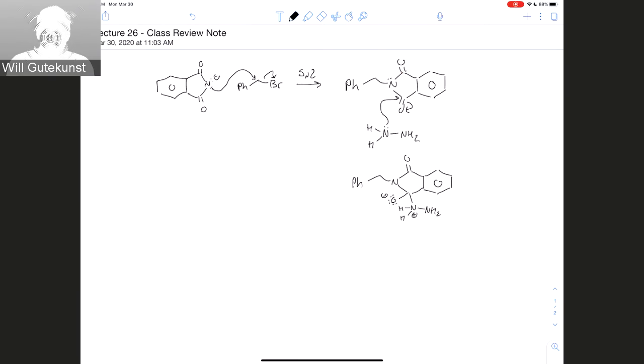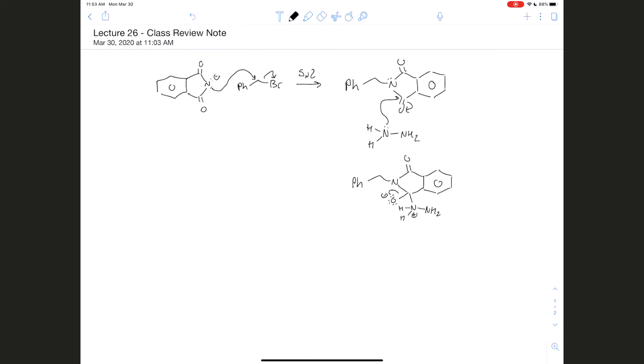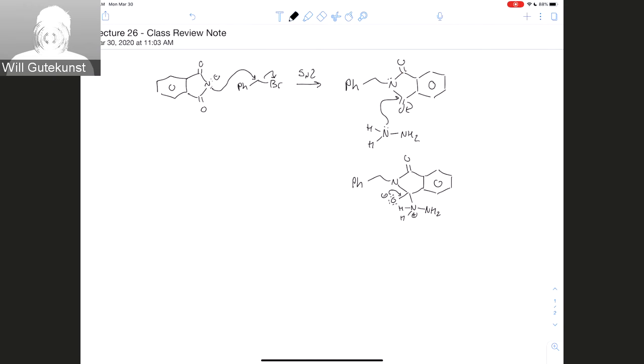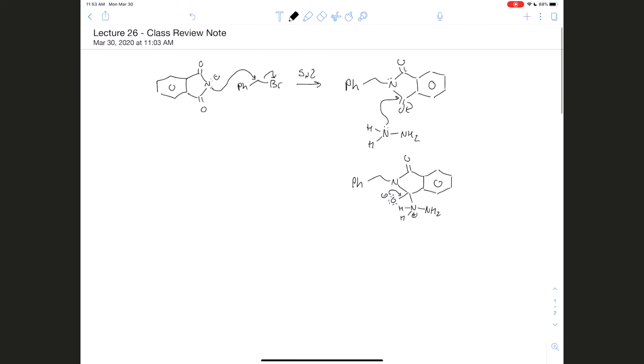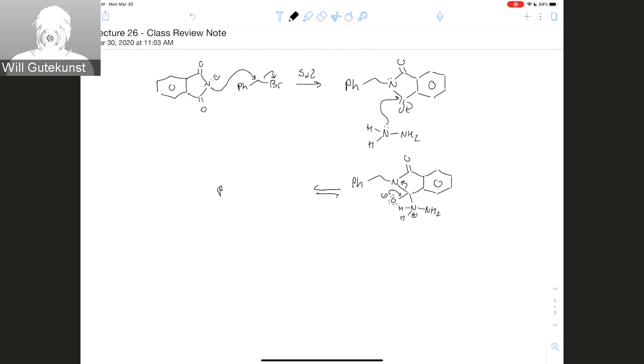We'll make a tetrahedral intermediate. You can have this tetrahedral intermediate come down. There may have been proton transfers happening along the way.